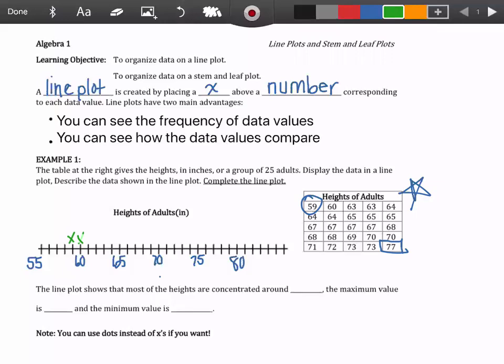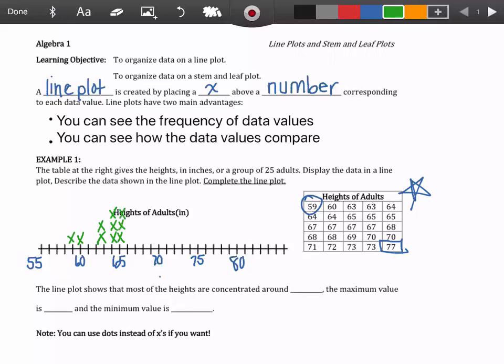So for 63, we're going to place two X's above 63. 64, there's 3 of them, so we're going to place 3 X's. 65, there's 3 of them again, so we're going to place 3 X's above 65.